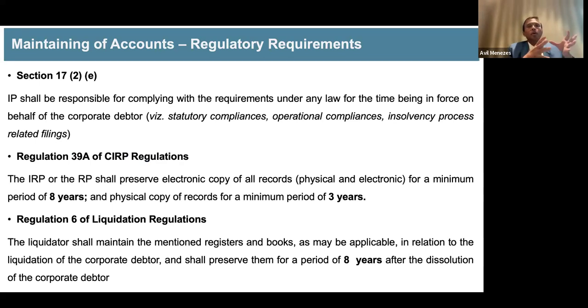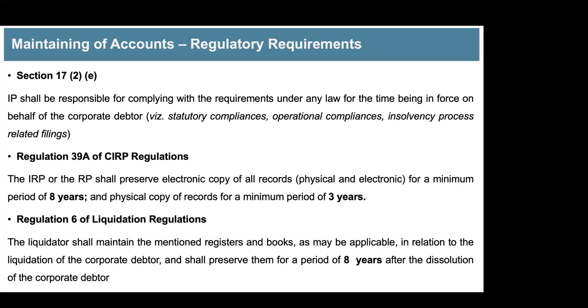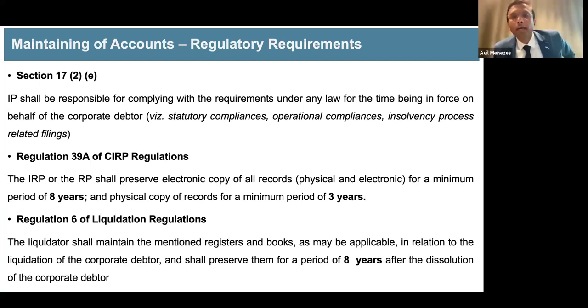So maintaining the books of accounts, taking it to a logical conclusion in terms of the financial audit, and thereafter you call for an AGM. Even that is something which will have to be done by the IP. As far as compliances are concerned, you have statutory compliances, operational compliances, then you have IP related filings.